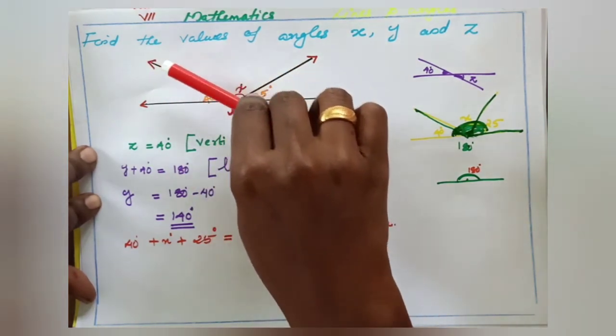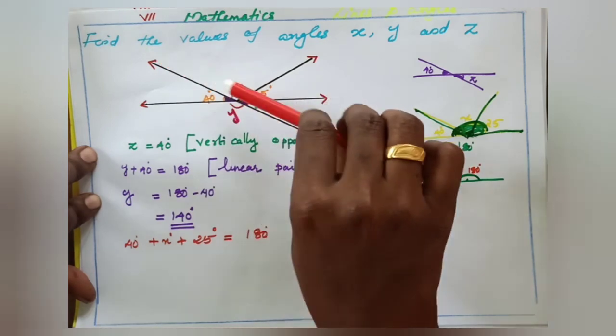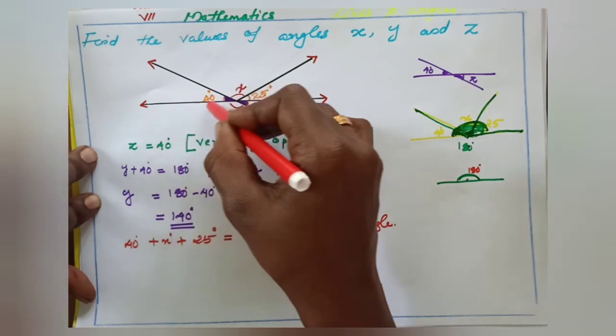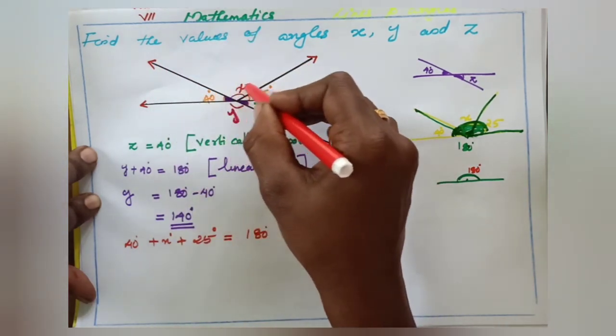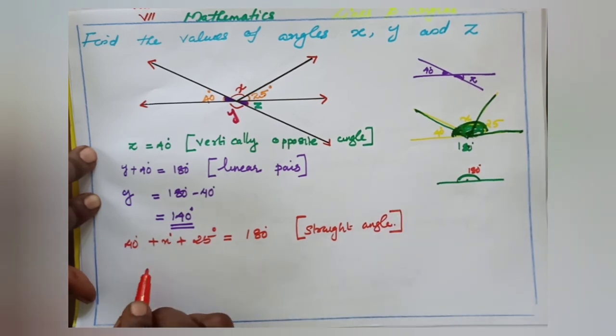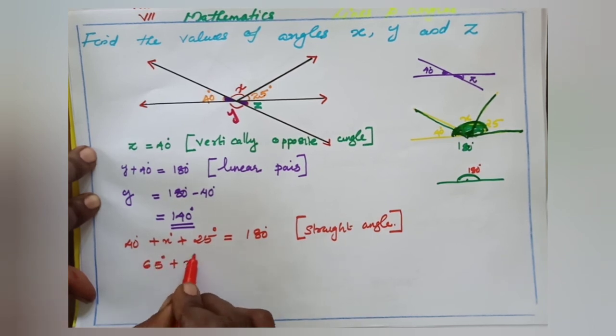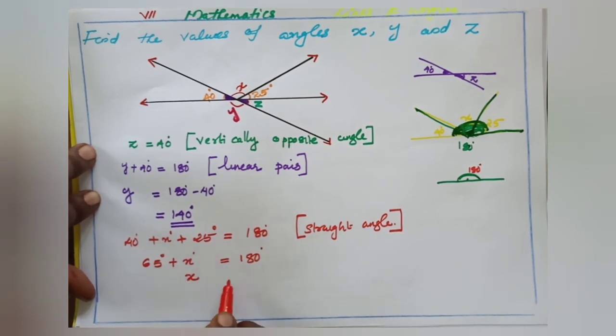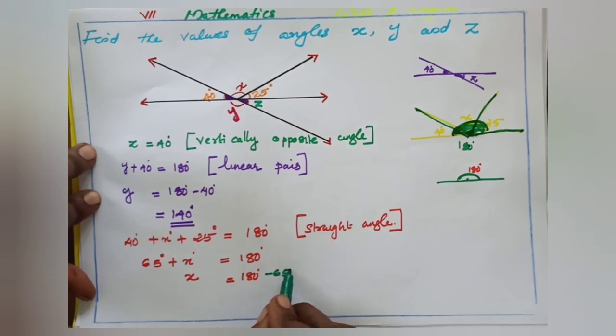Otherwise we can take this 40 degree plus 25, this total angle, and x, these two angles form a linear pair, 180 degree. So 40 plus 25 is 65 degree plus x degree equal to 180 degree. So x degree equal to 180 minus 65: take 65 to the right side, change the sign, positive 65 changes into negative 65.